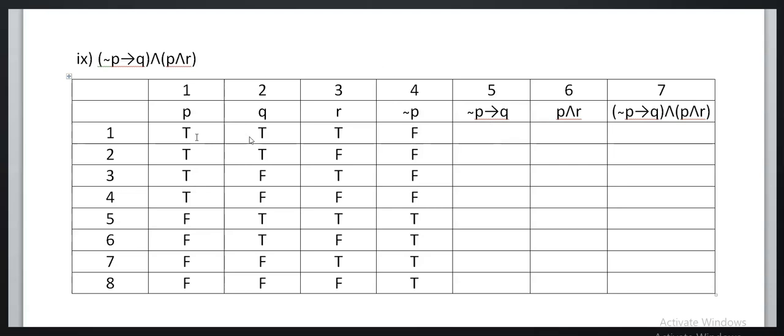Now the implication, negation of P implies Q. First is F implies T is T, F implies T is T, F implies F, both are same, therefore it is true. F implies F is true.